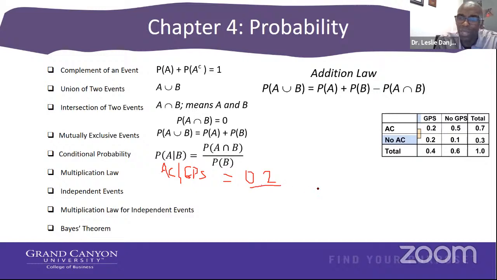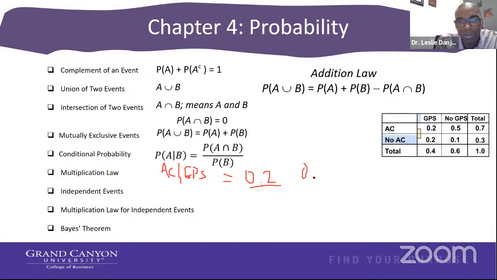Divided by whichever probability comes last. GPS comes last. So isn't that 0.7 right there? Or 0.4, sorry. It's not working on my end right here, but you're going to be dividing it by 0.4.